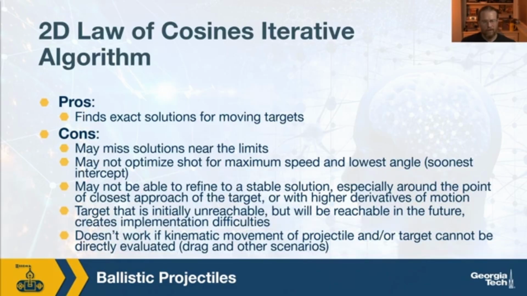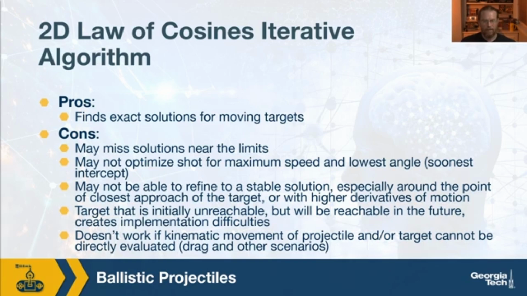So in terms of pros, it finds exact solutions for moving targets. It might miss solutions near the limits of range, perhaps, and it may not perfectly optimize shots for maximum speed with the lowest angle, therefore meaning the soonest intercept.